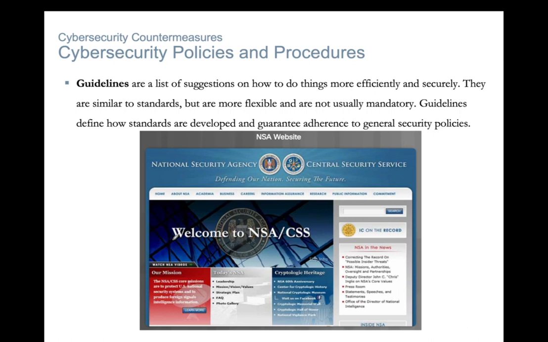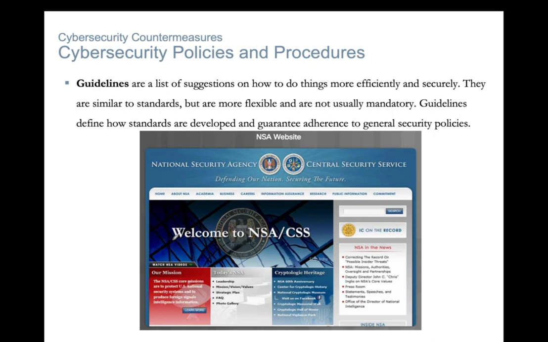Using the password policy example, a guideline is a suggestion that the user take a phrase like "I have a dream" and convert it to a strong password by using lower case letters, upper case letters, and special characters. The user can create other passwords from this phrase by changing the number, moving the symbol, or changing the punctuation marks.